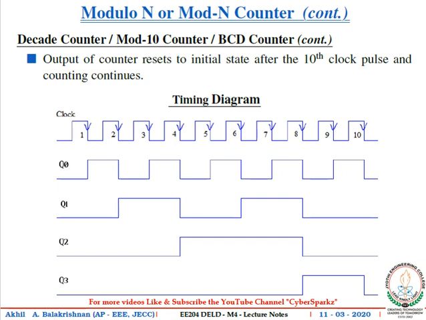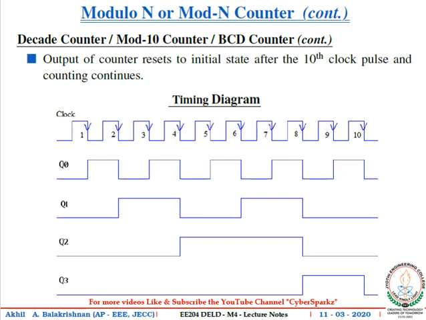Similarly, since the third flip-flop obtains its clock from the output of the second flip-flop, it will change its state for every 4 clock pulses. And the fourth flip-flop changes its state for every 8 clock pulses. All these relationships are based on the primary clock given to the first flip-flop. So the first flip-flop changes for every clock signal, the second for every 2, the third for every 4, and the fourth for every 8, and so on.